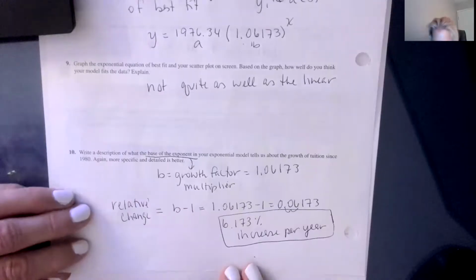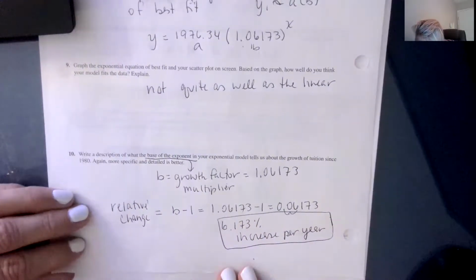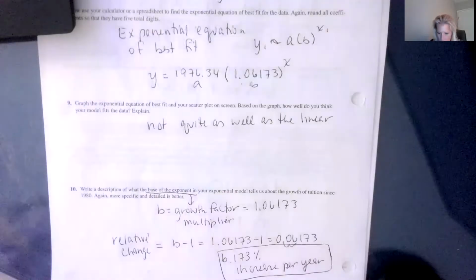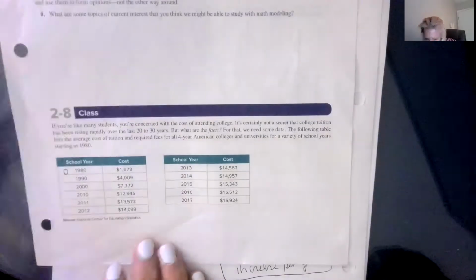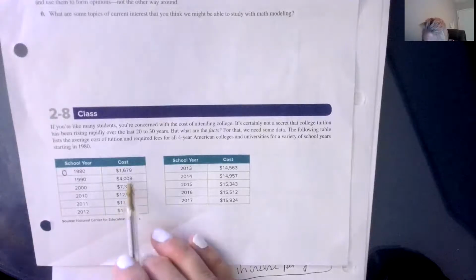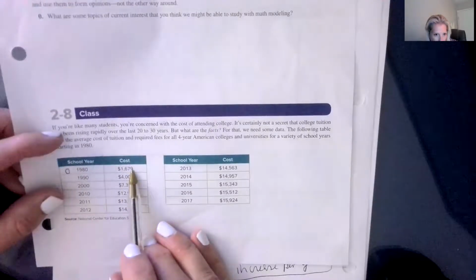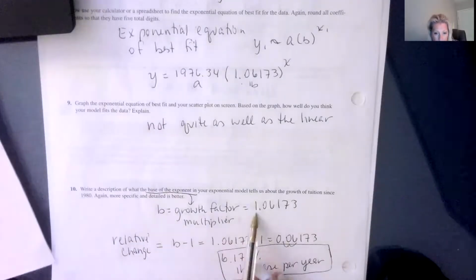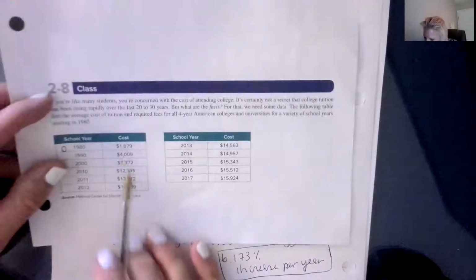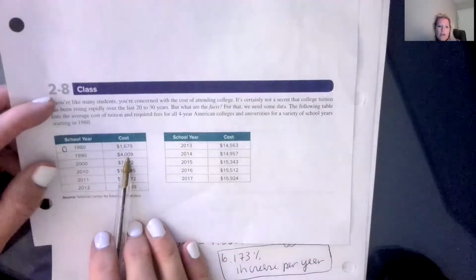So it looks like about 6.173. And we can see that if we were to take 1,679 and multiply it by the multiplier 1.06173, we should get close to the next output of 4,009.